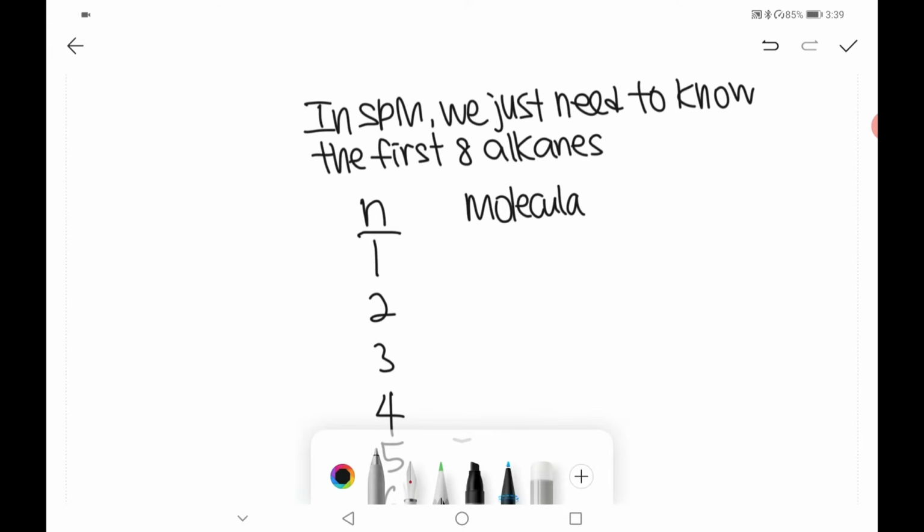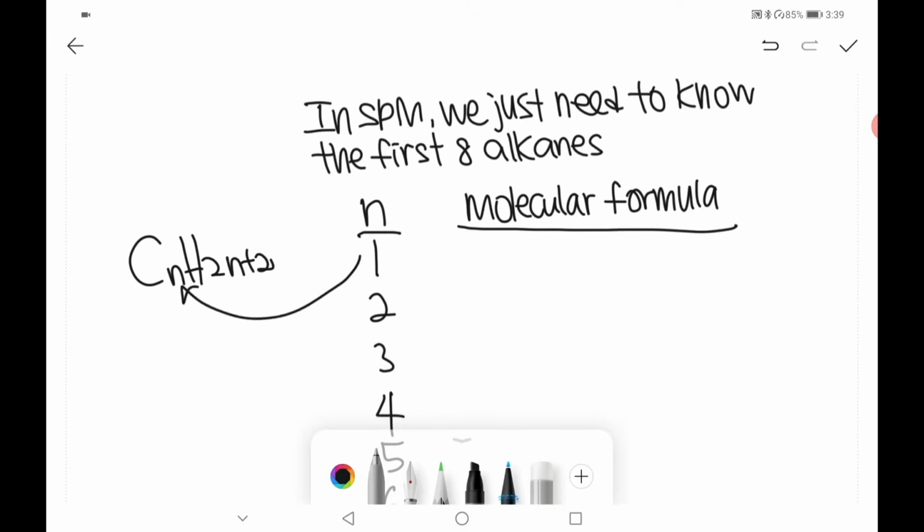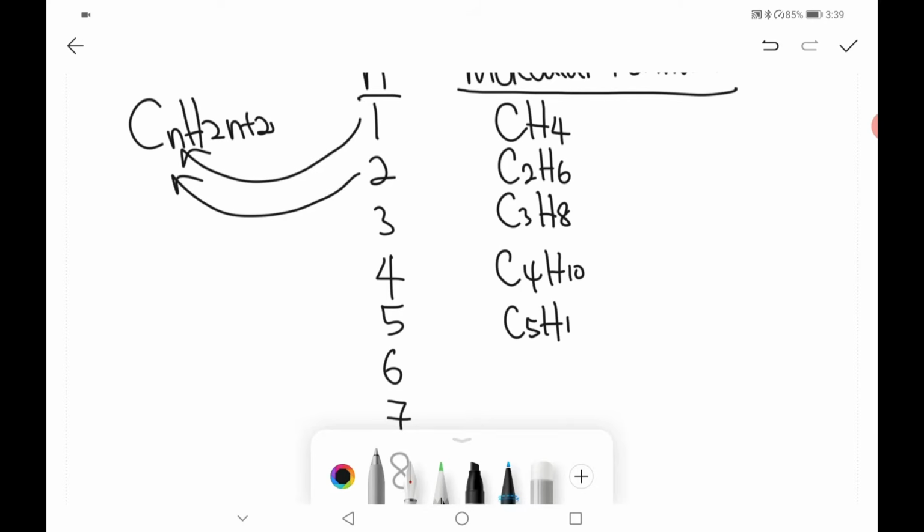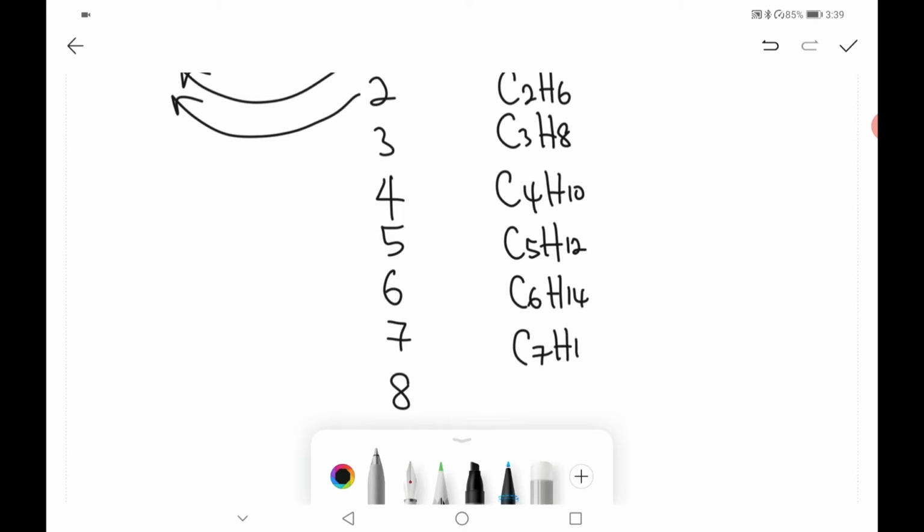If you substitute n equal to 1, you will get CH4. For n equal to 2, you get C2H6. For 3, you get C3H8, then C4H10, C5H12, C6H14, C7H16, and C8H18. That's it.